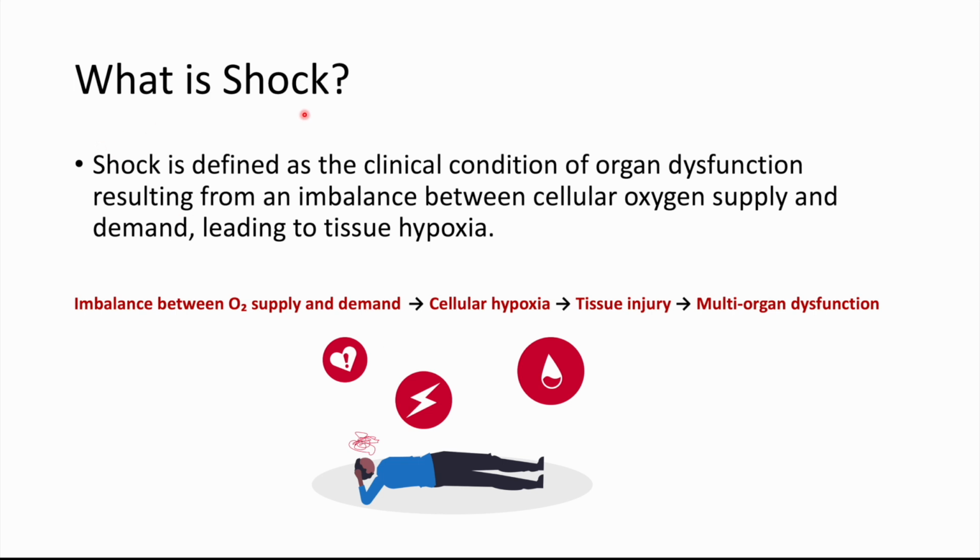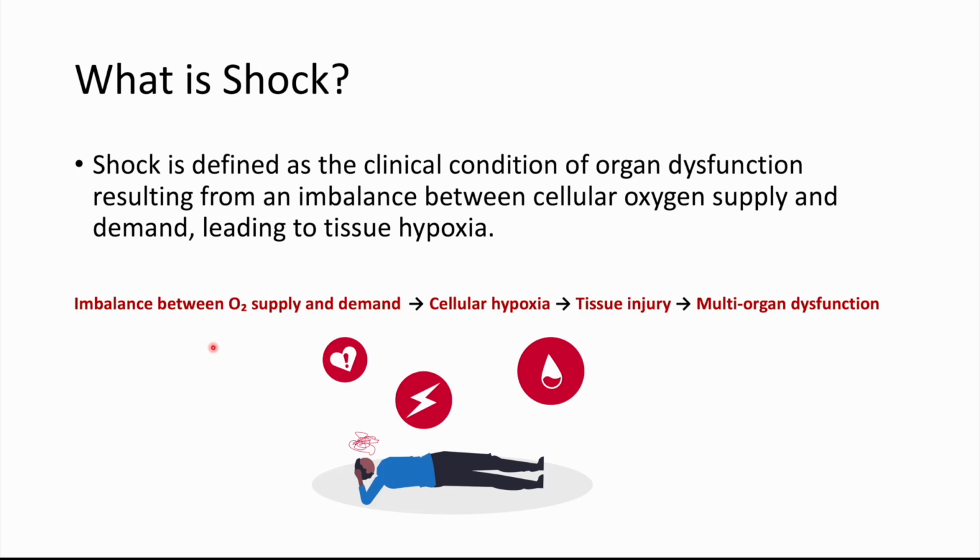So what is shock? It is a clinical condition of organ dysfunction caused by an imbalance between oxygen supply and oxygen demand. The result is tissue hypoxia, which, if uncorrected, progresses to irreversible organ injury and death.